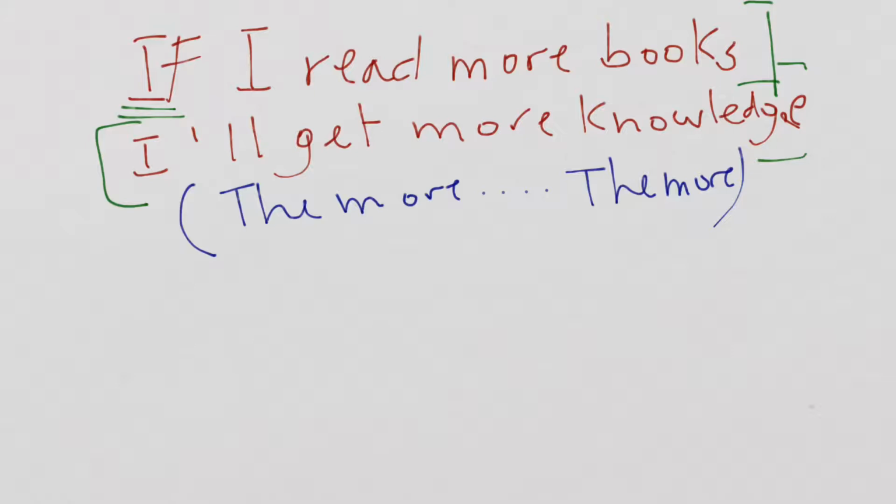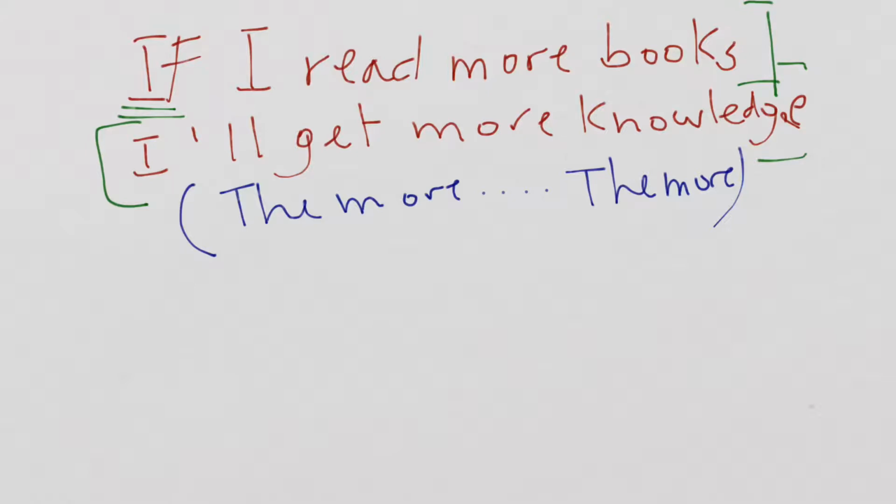Nice. Now, once again, we are going to divide each part into two small parts. The first one, if I read more books, I divide it into two small parts.